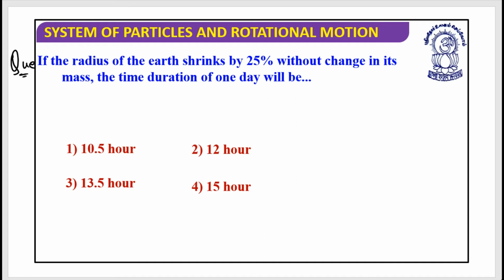This question says that if the radius of the earth shrinks by 25 percent without change in its mass, the time duration of 1 day will be. How will you do this?